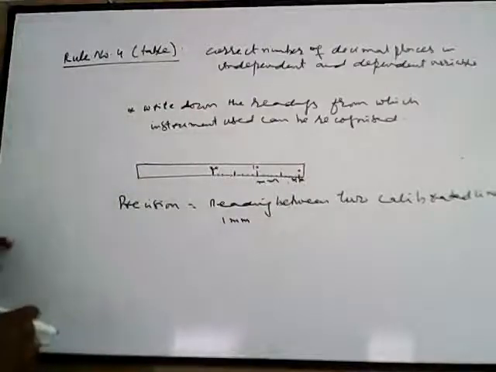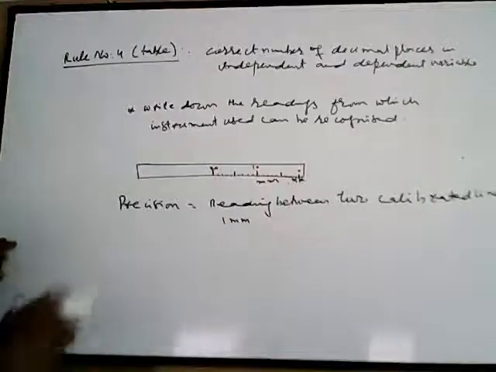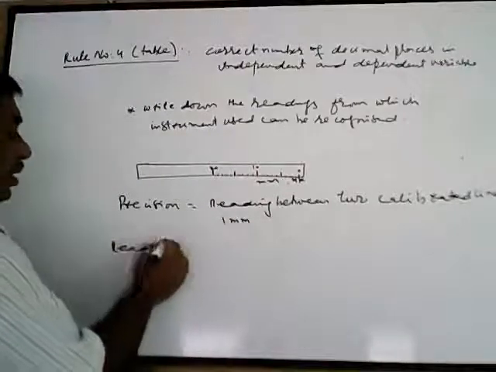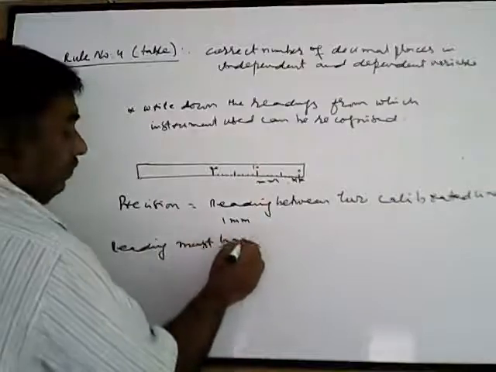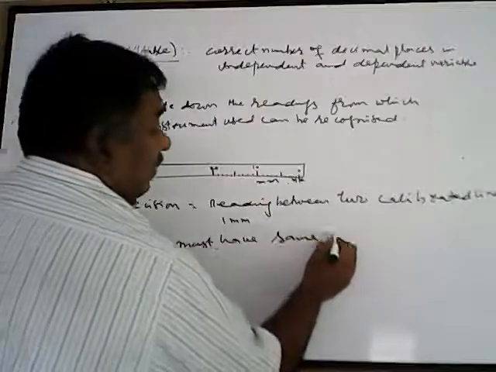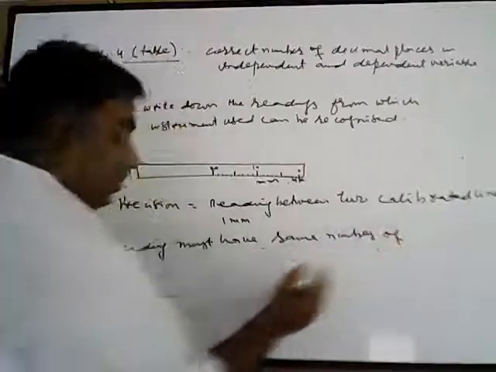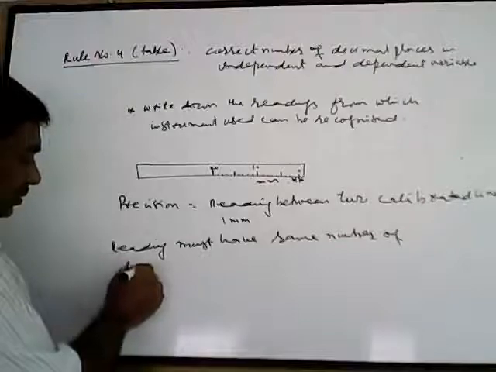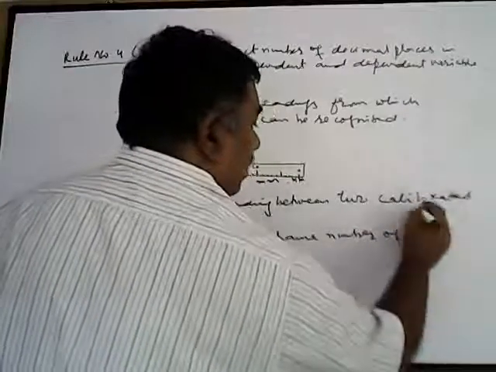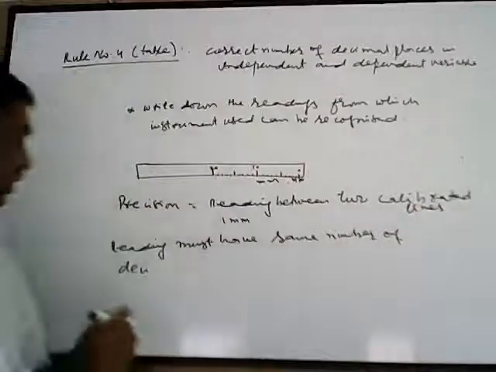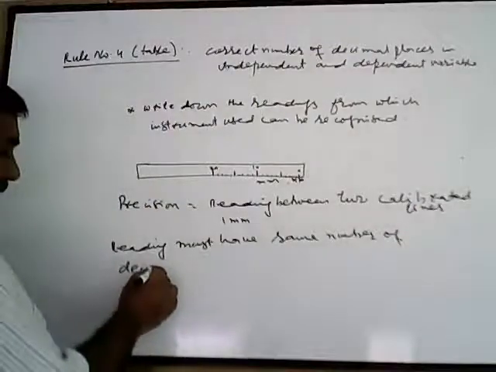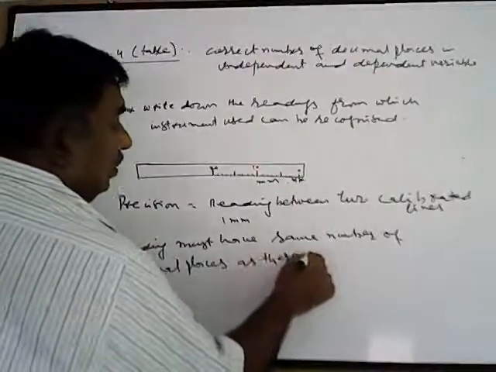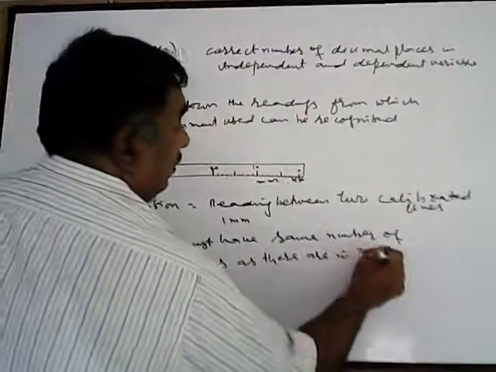So if I record a value with the meter rule, I will record it in whole number of millimeters. Actually, the reading must have the same number of decimal places as there are in the precision of the instrument.